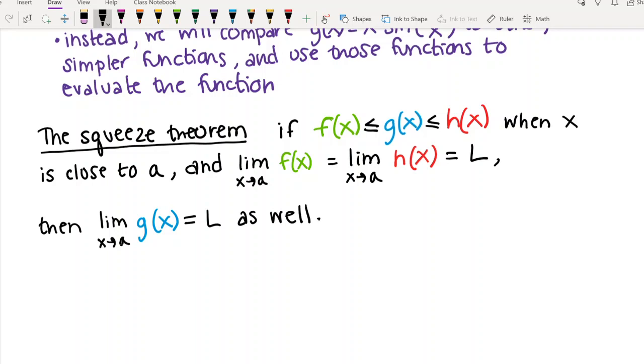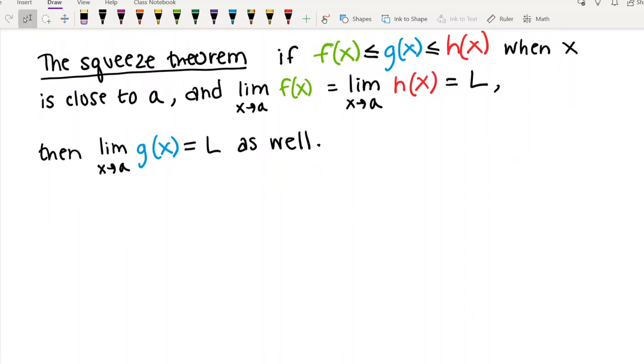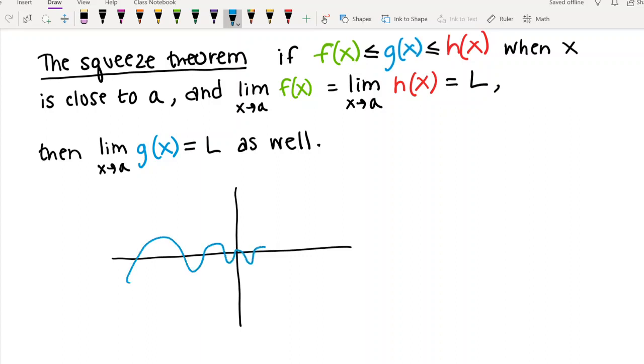So what would this look like graphically? We'd have a situation where, let me draw a middle function first. Maybe you have a function that looks like something like this, something weird. And then you have another function, f of x, which is below it.